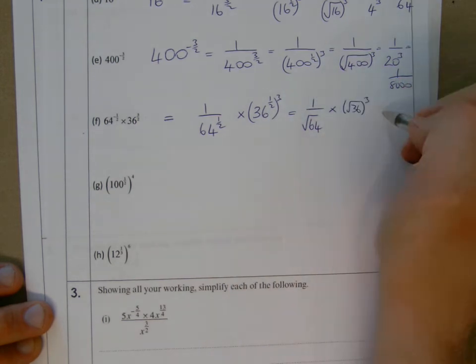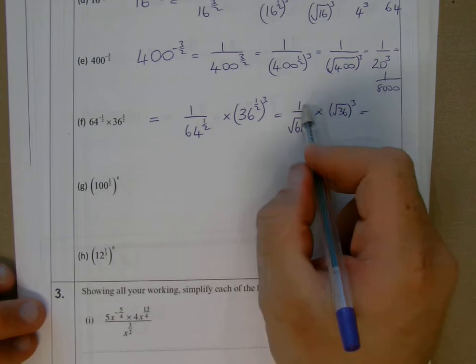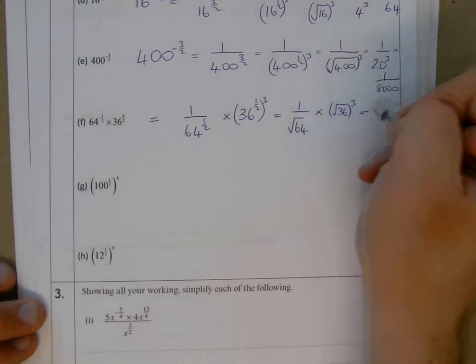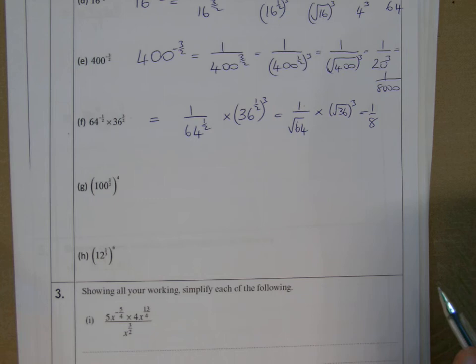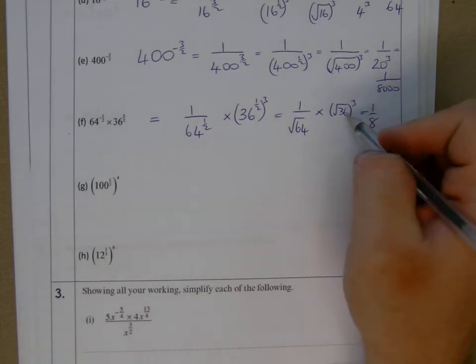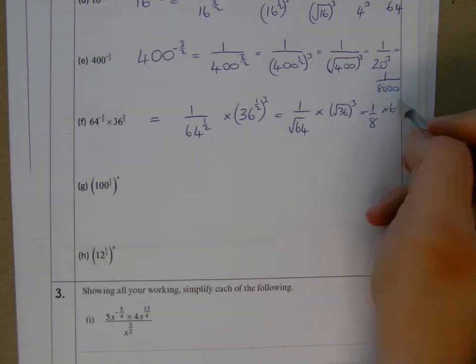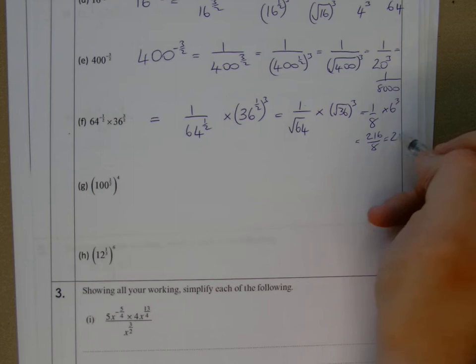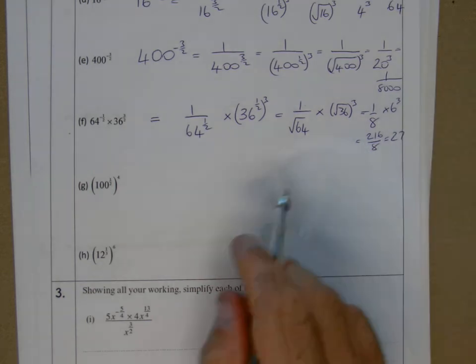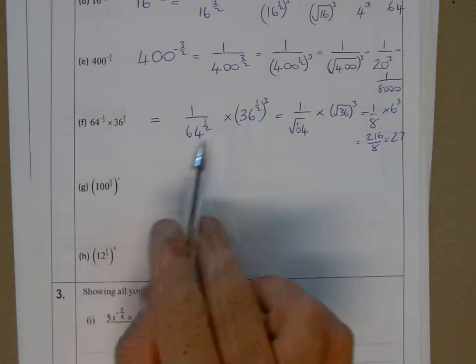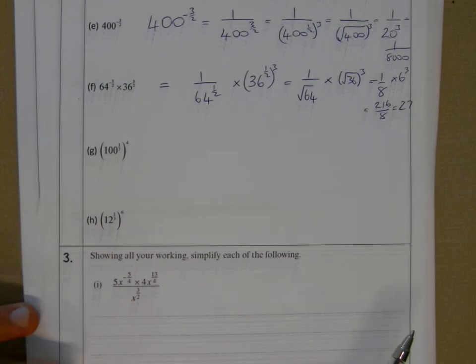We've got to cube that. Square root of 64 is 8. Square root of 36 is 6, and you've got to cube it. You can use your calculator to check, and it comes to 216 over 8, which is 27. You use your calculator, of course, but the steps need to be in place here. Similarly then with G and H.